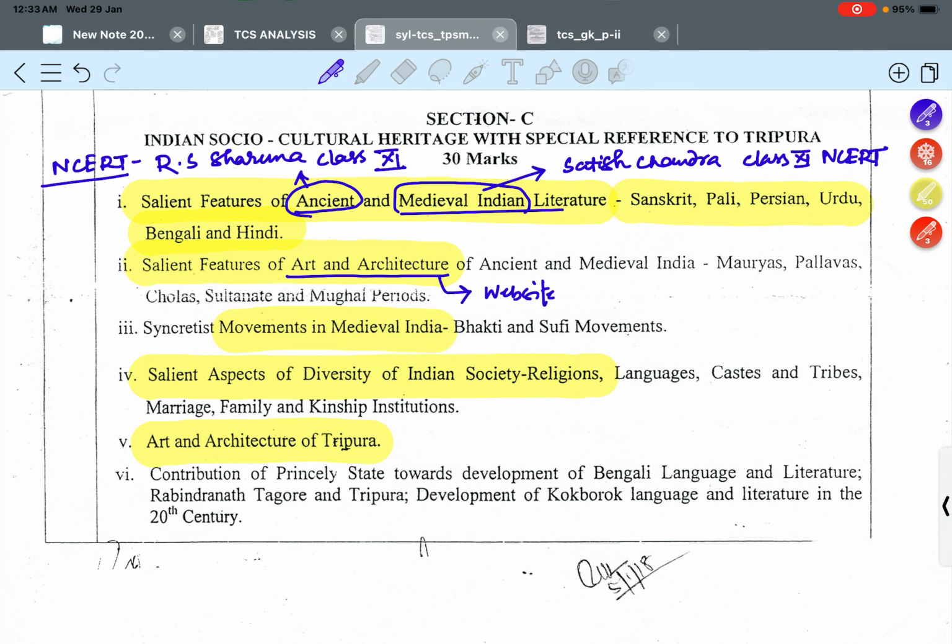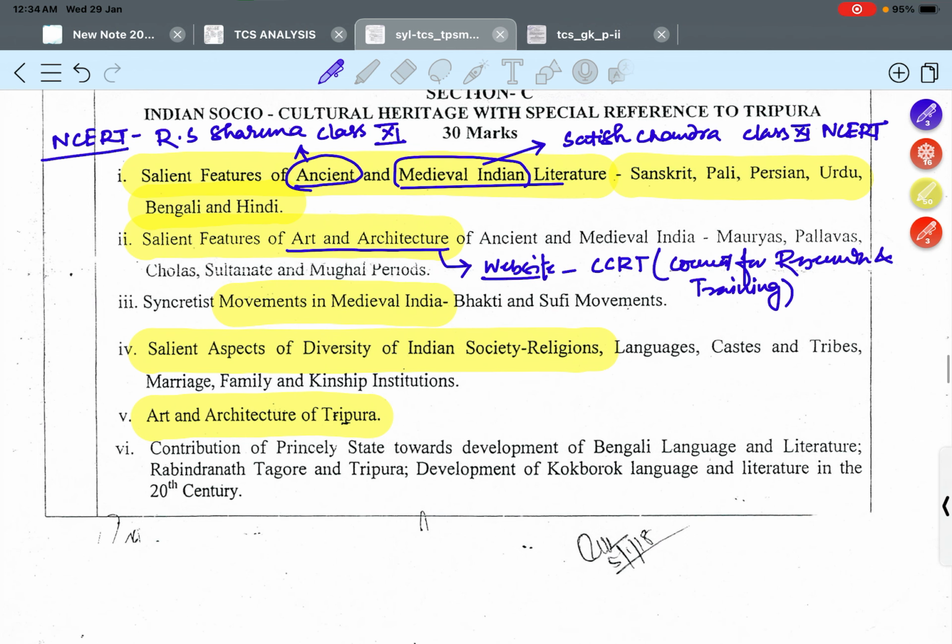It is a website maintained by the government of India, CCRT, Centre for Cultural Research and Training. In this website you will get everything on the art and architecture portion. Indian culture by CCRT. This will be completely done by that.